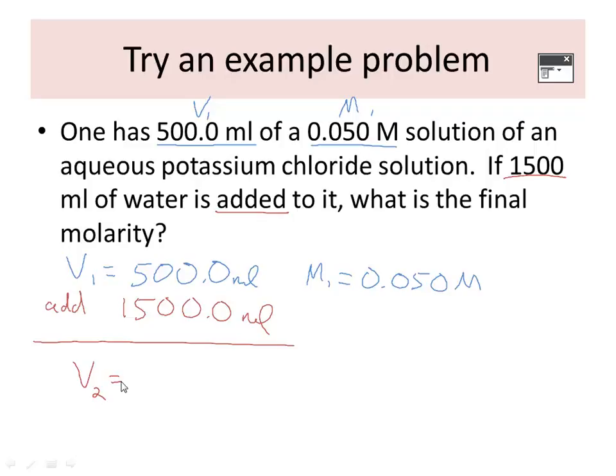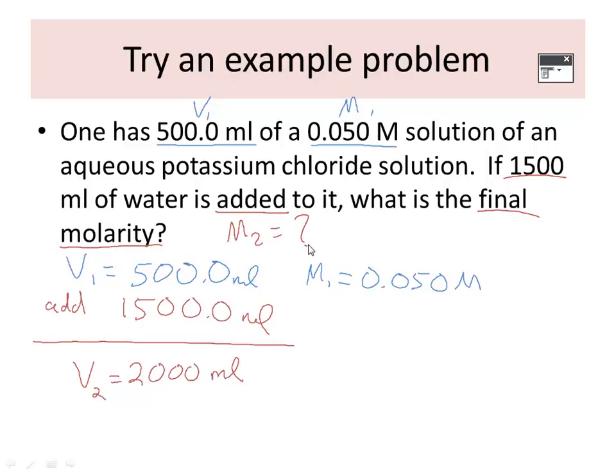If I start with 500 and I added 1,500, my final volume would be 2,000 milliliters. And I want to know what my M2 is. What is my final molarity? What is M2?